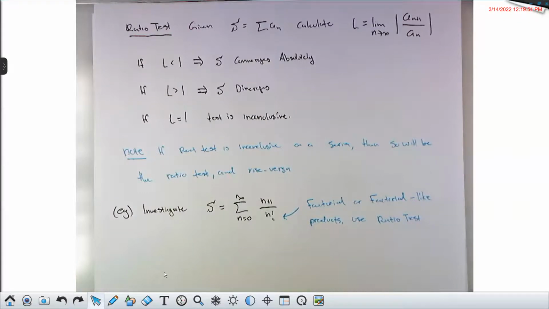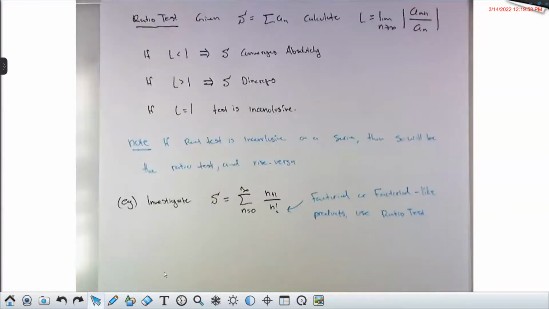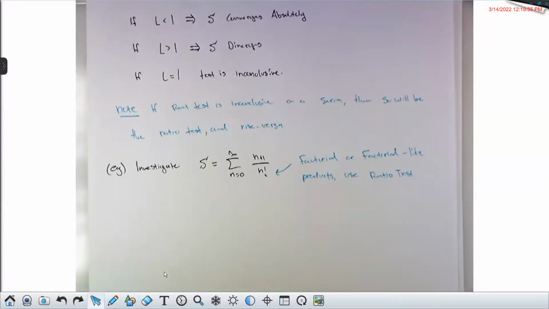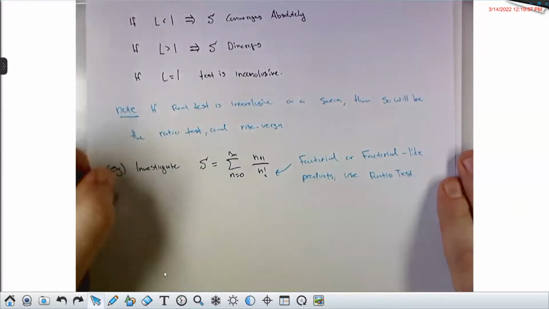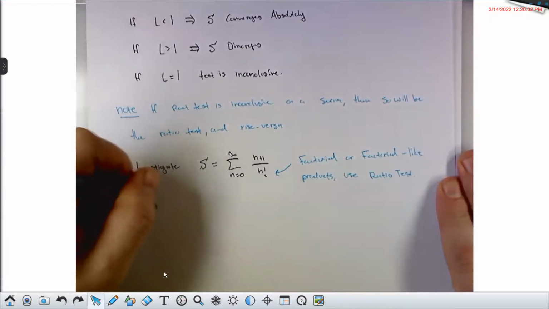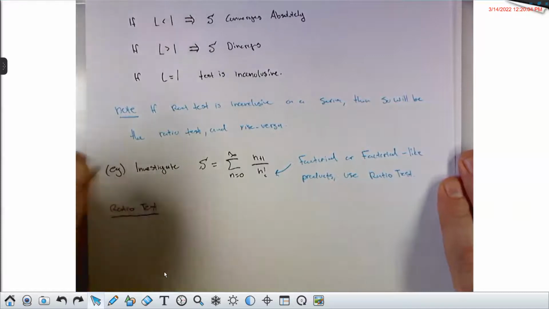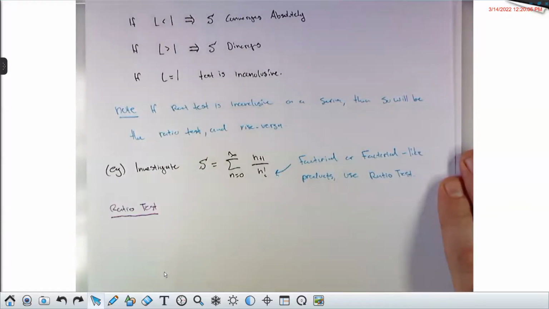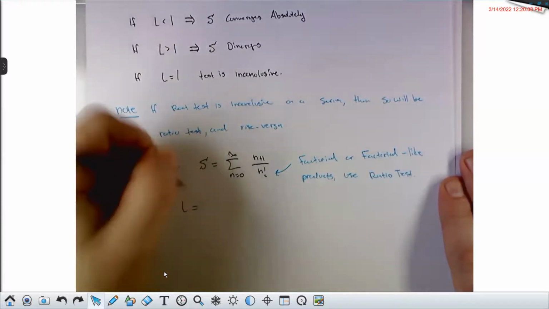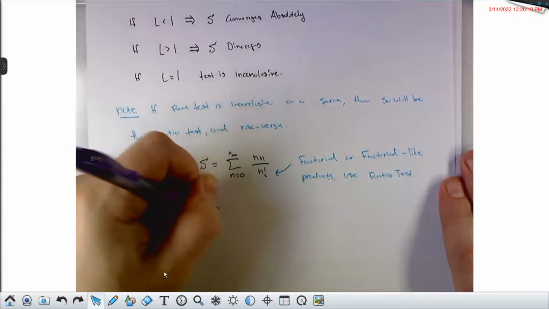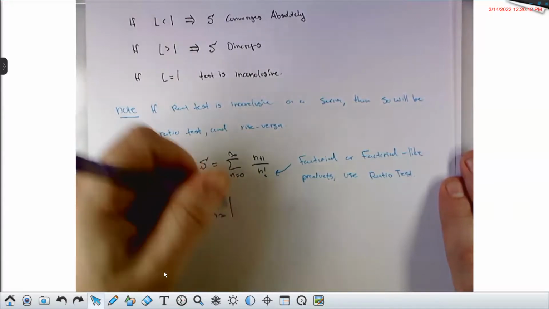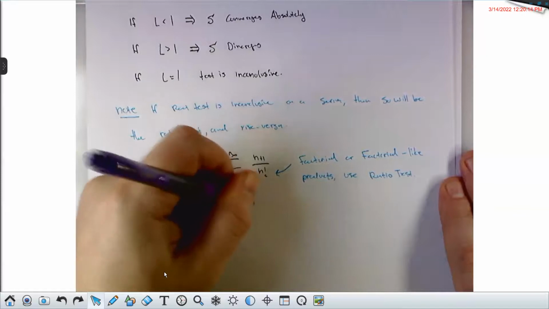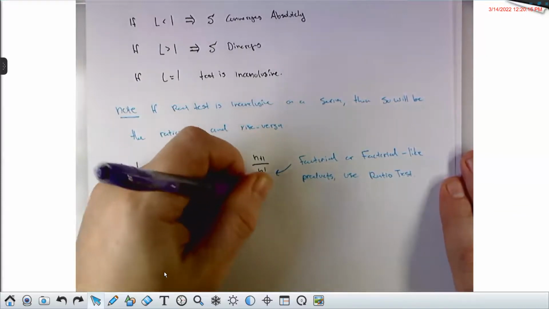We saw back in the 11.1 homework that you can cancel fractions with factorials very, very nicely. So we tell our reader what we're doing. We're going to use the ratio test. The ratio test says compute this number L. It's going to be the limit as n goes to infinity of the absolute value of an plus 1 divided by an.